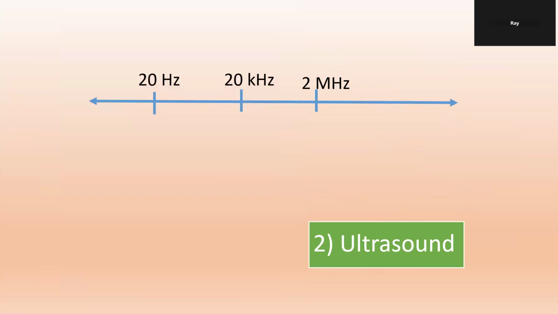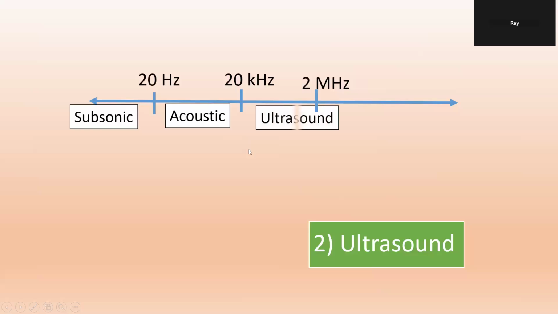Okay, ultrasound. Let's look at the range. Where is ultrasound? Subsonic, acoustic: 20 hertz to 20 kilohertz is acoustic. Ultrasound is above 20 kilohertz. Animals and chemistry, we use ultrasound here.